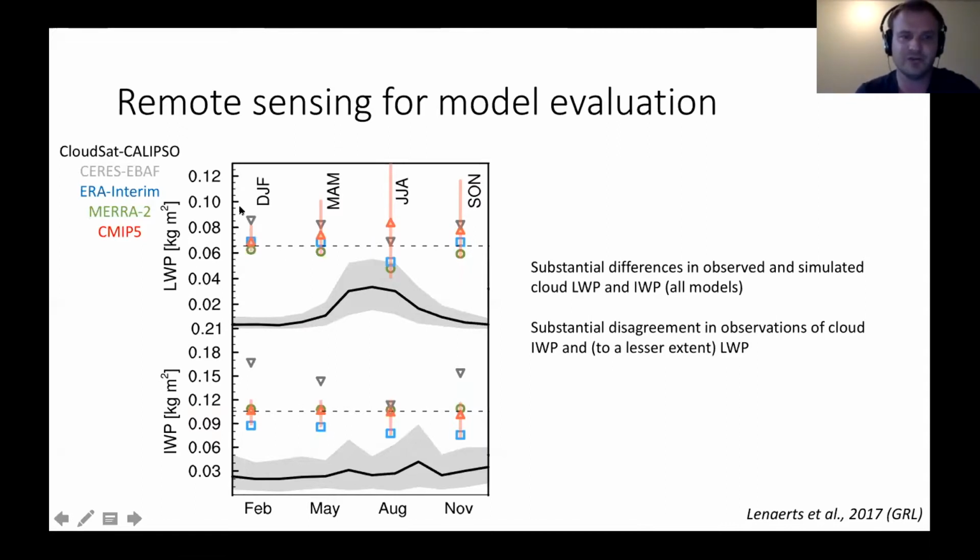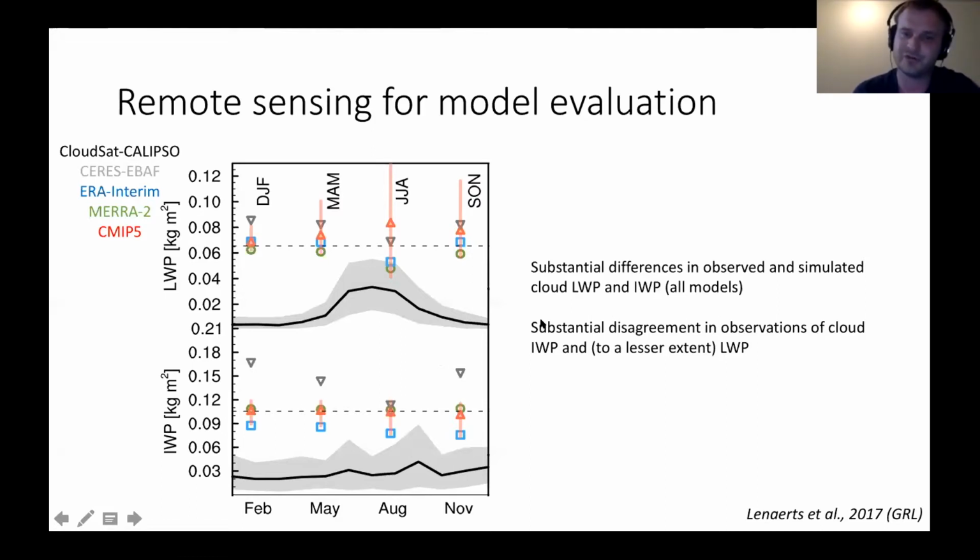And then all these symbols here show the difference in different data sets, with the color coding here, in comparison with CloudSat Calypso. And you can see that both for liquid and for ice water path, there are substantial differences between the observations from CloudSat Calypso and different reanalysis data sets, ERA-Interim, MERRA-2, as well as the CMIP5 models.